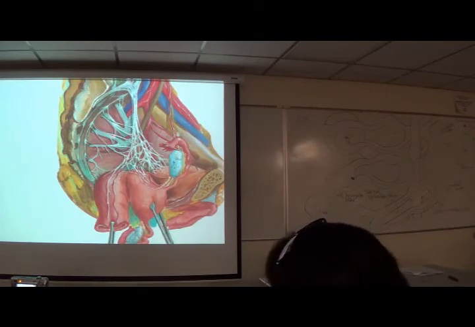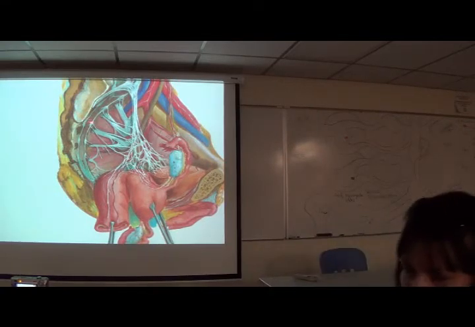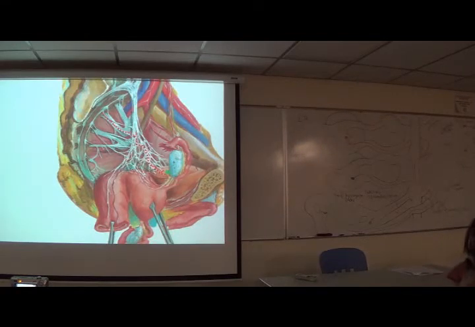Here is the pelvic splanchnic coming out of the ventral rami, whereas sacral splanchnic is coming off the sympathetic chain. So here in red is the parasympathetic coming out the ventral ramus, not from the chain, forming the pelvic splanchnic, passing through the inferior hypogastric plexus without stopping, and finding its postganglionic neuron in the bladder wall.